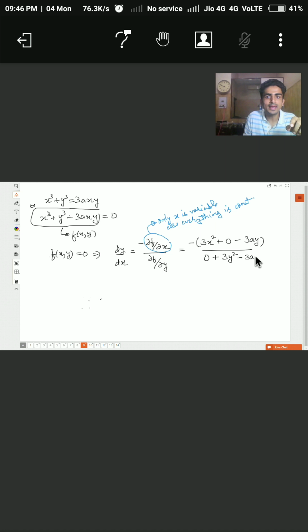Now 3ax will come out being a constant, and derivative of y with respect to y is 1. So this is your answer: 3ay minus 3x square upon 3y square minus 3ax. Clearly 3 gets cancelled, and this is your answer.